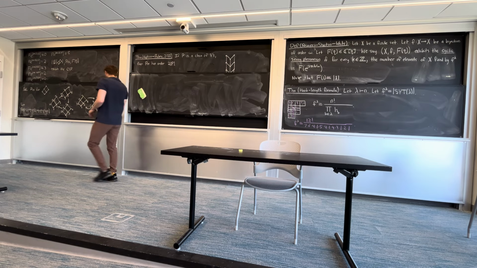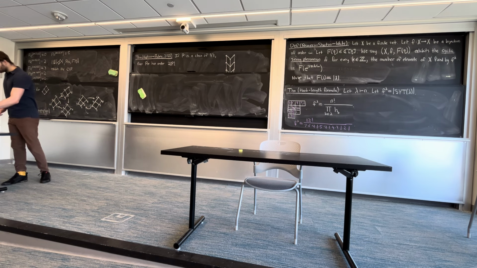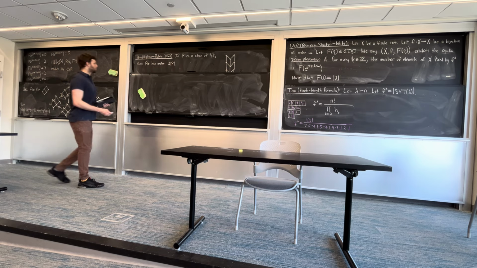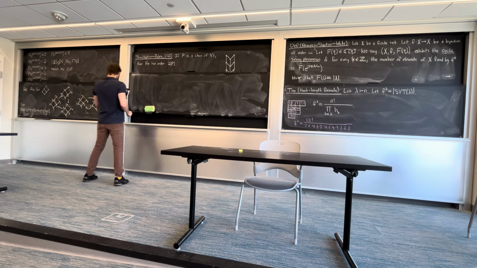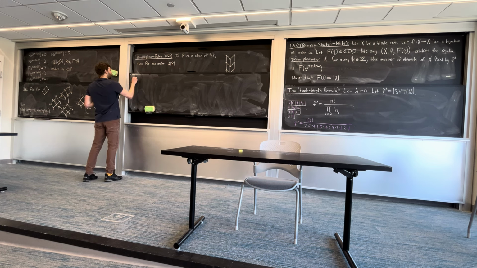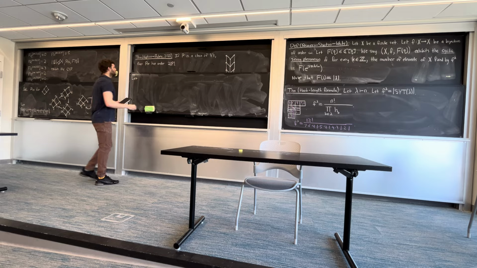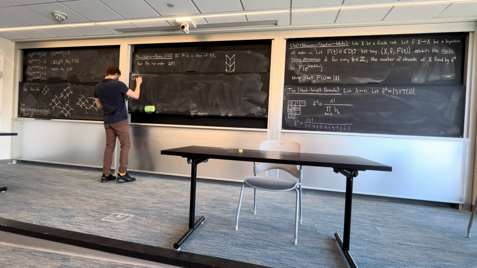Okay, so I need a little bit of notation. This is standard notation that's used in a lot of places. So bracket I, let's say I is some positive integer.